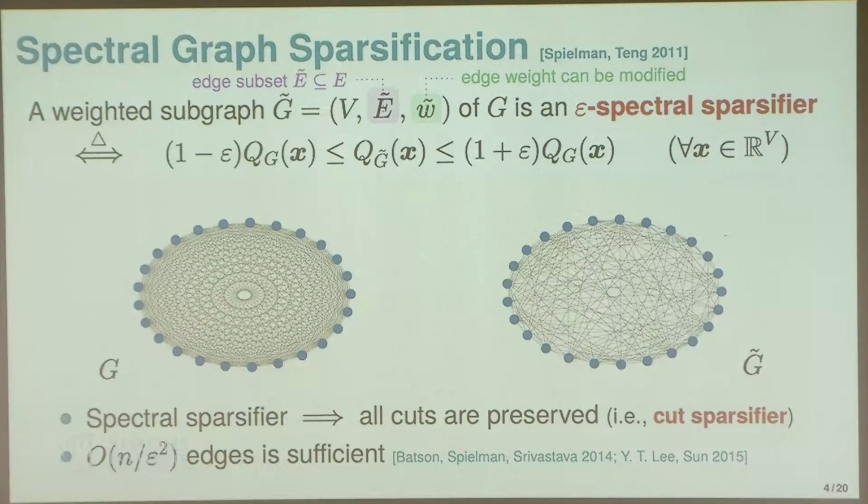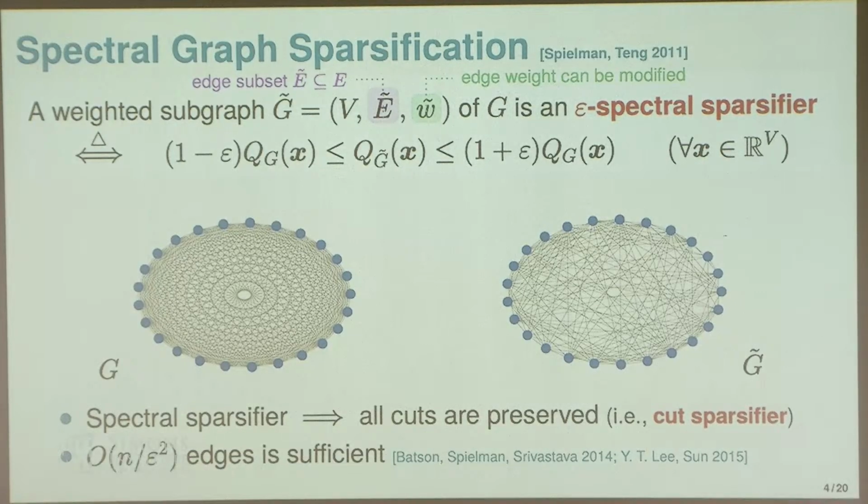But of course, we need to preserve some property of the graph. And the definition used here is the following. A weighted subgraph G tilde is called an epsilon spectral sparsifier, where epsilon is a parameter, if it preserves the quadratic form up to a 1 plus minus epsilon factor for any x.